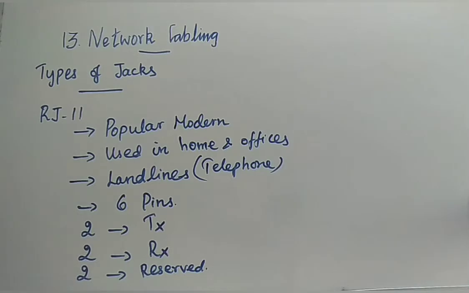Reserved means in the future, if you need to use those pins, you can reprogram them. So here the 2 pins will be the positive terminal, and the negative terminal.